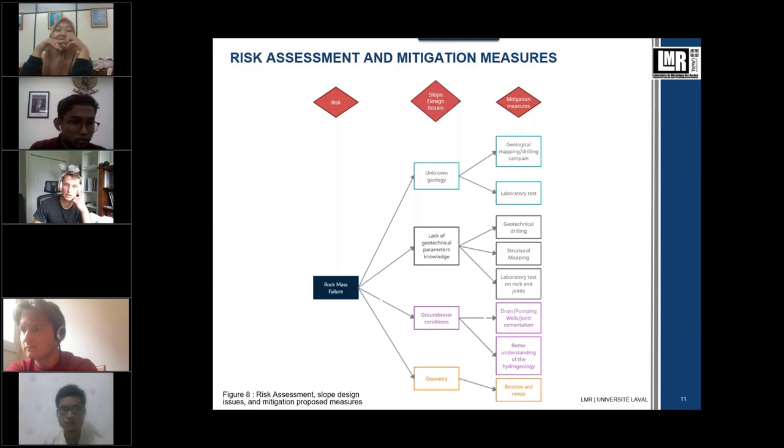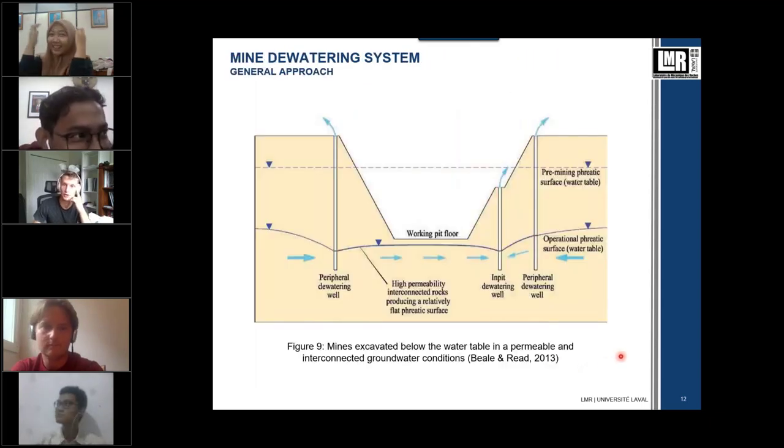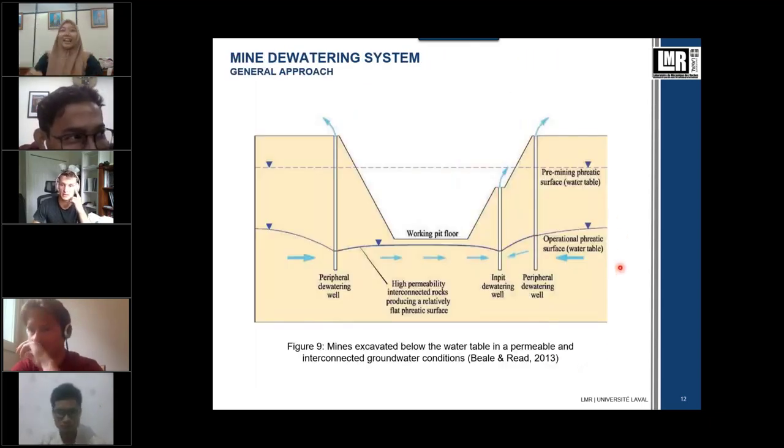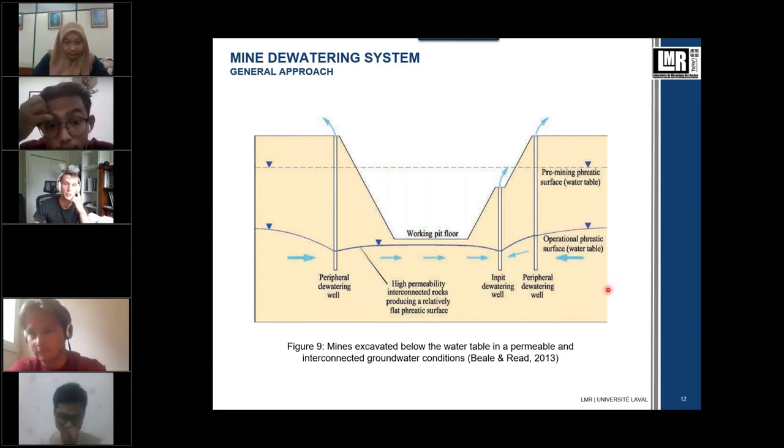The main issue and the principal instability factor identified by the team is the groundwater condition. So a better understanding of the hydrogeology could improve the slope design. By implementing dewatering techniques like you can see on this figure, the water table could be drawn down below the pit floor, which could lead to an increase of the slope stability, the optimal mining depth, and the overall slope angle for the same economic criteria.